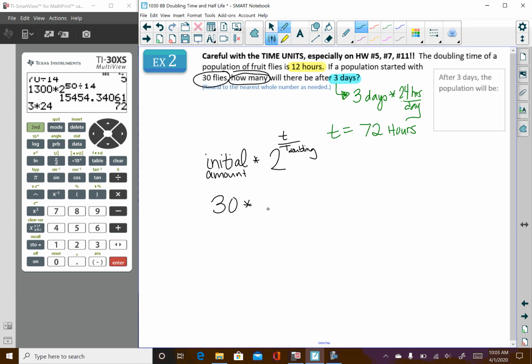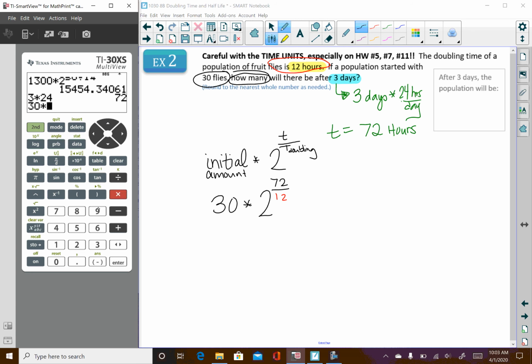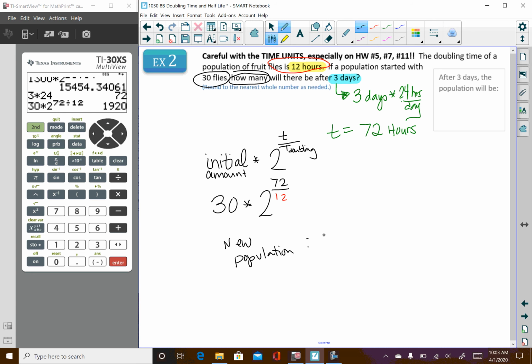And we are going to multiply that 30 flies by 2 to the power of 72 over, and our doubling time is the 12 hours. So let's calculate that in our calculator. 30 multiplied by 2 to the power of 72 over 12. And that gives us a new population of 1,920 flies.